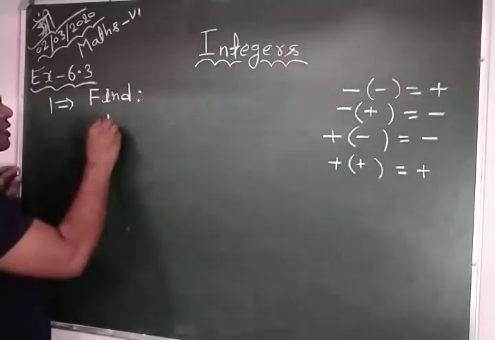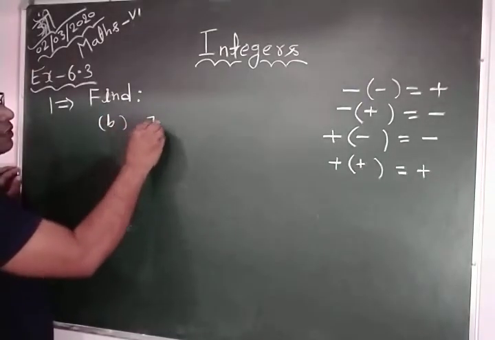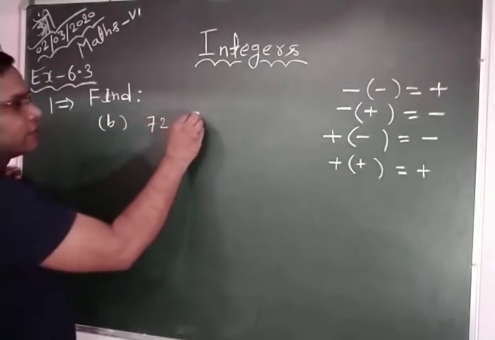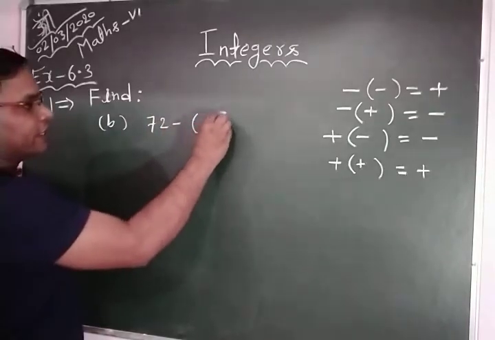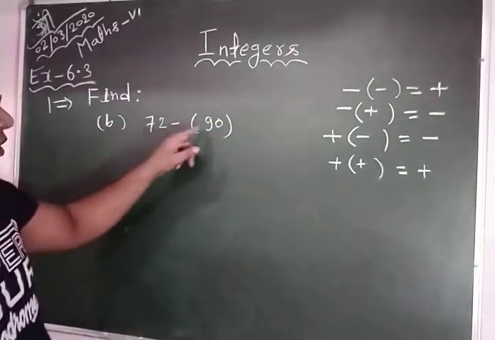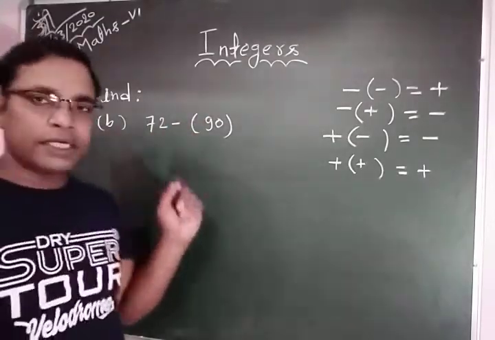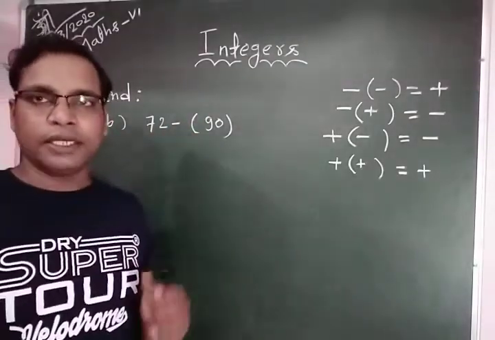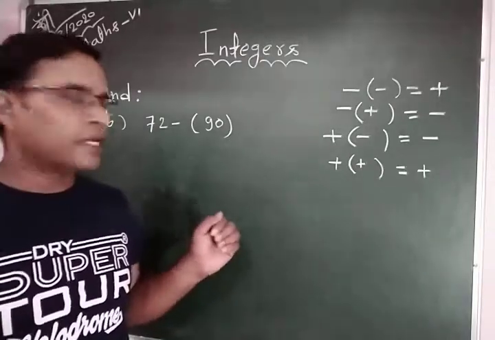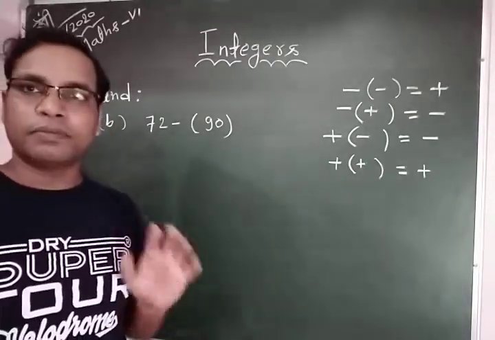B part is 72 minus in bracket 90. So here you can see 72 minus in bracket 90. What is the sign of 90? The sign of 90 is nothing but plus.